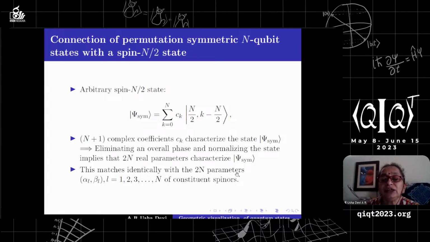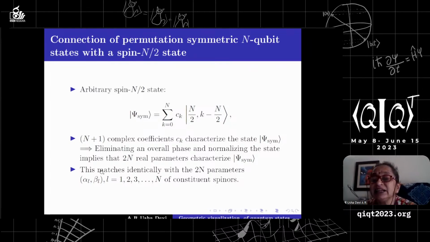So now we notice that these 2n parameters agree perfectly with the alpha L, beta L parameters of the constituent spinors. That is, I am taking n spinors and permuting them to create a permutation symmetric state. If I write it in the n spin J state format, I have 2n parameters Ck, and I have 2n parameters from the Majorana way of symmetrizing n distinct spinors.